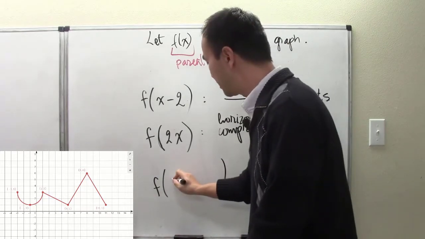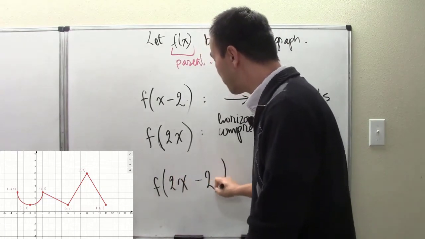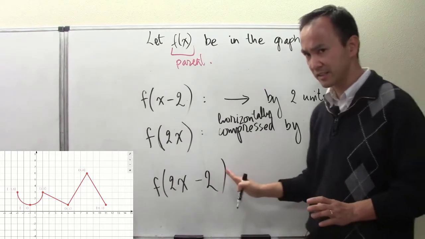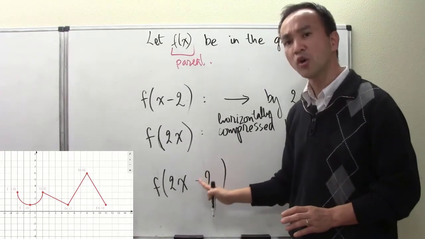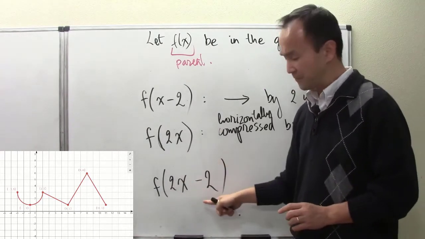You will be asked to do the following. How about a 2x minus 2, for example? And this is sadly the way the expression is most of the time expressed.